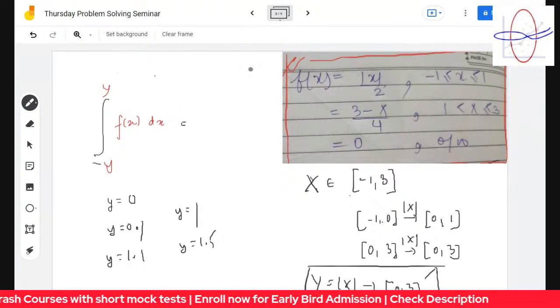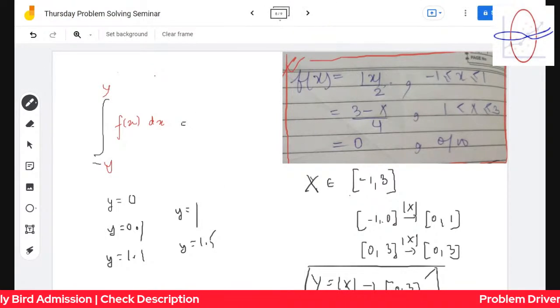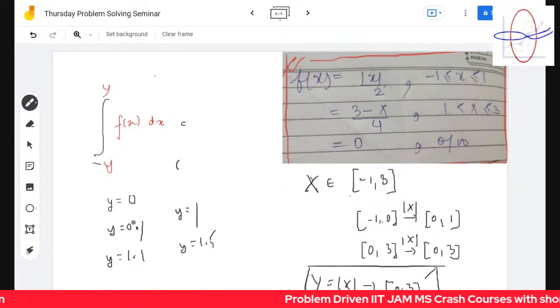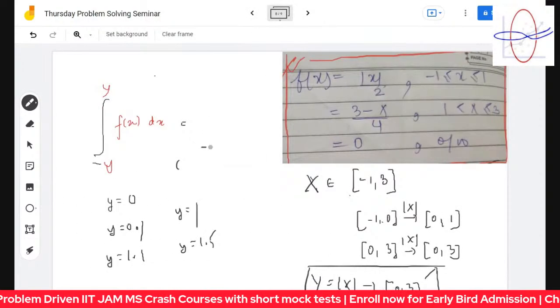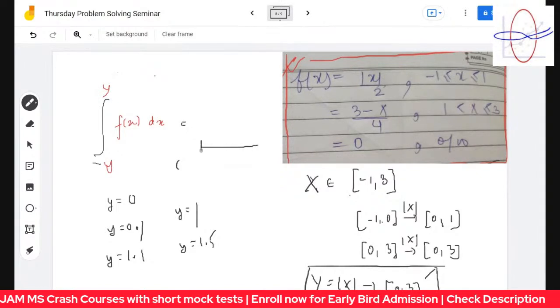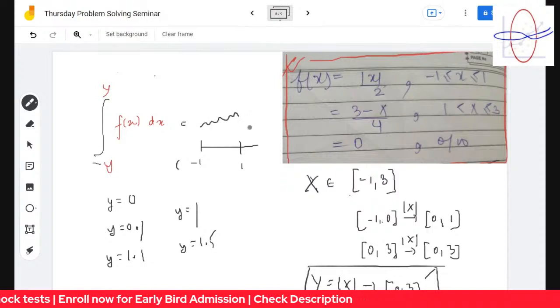So see, f(x) is defined piecewise, right? So between 0 minus 1, it is minus 0.1 to 0.1. So that will be inside this region. Let's draw this. The idea is that between minus 1 to 1, f(x) is behaving something like this, and from 1 to 3, f(x) is behaving something like this.